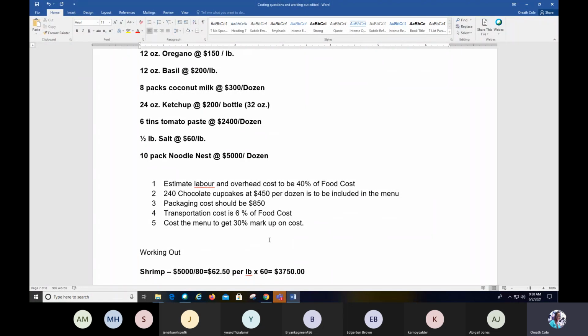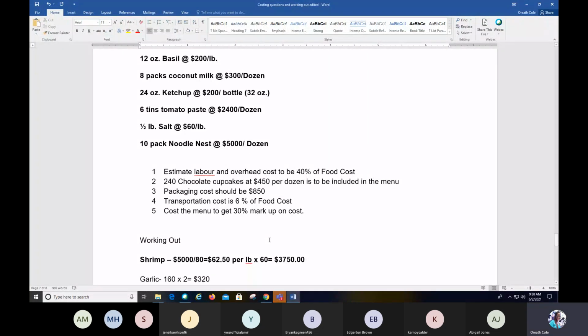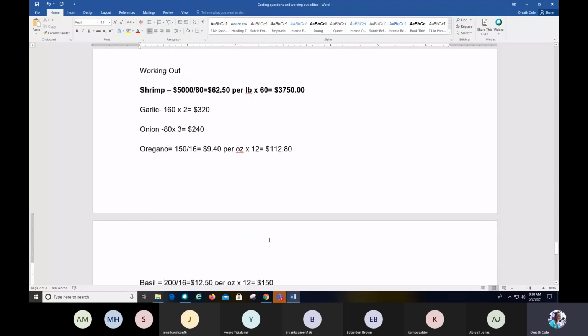All right, we know that 32 ounces is for $200. That's what we know. 32 ounces of ketchup is for $200. So we must find how much for 1 ounce first. So we have to divide.